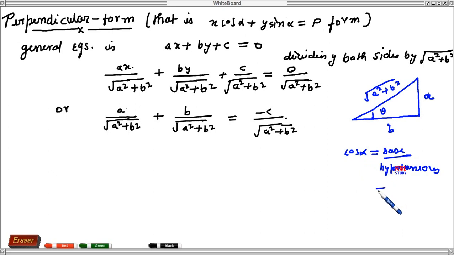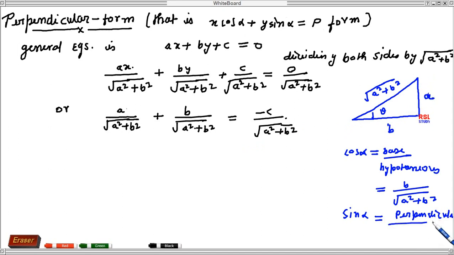So cos theta will be base by hypotenuse, base is b and hypotenuse is under root a square plus b square. Similarly sin theta will be perpendicular, that is height by hypotenuse. So this will be a by under root a square plus b square.